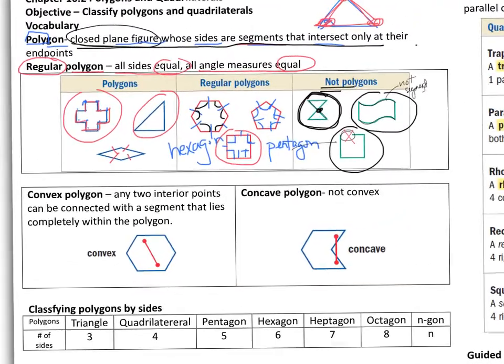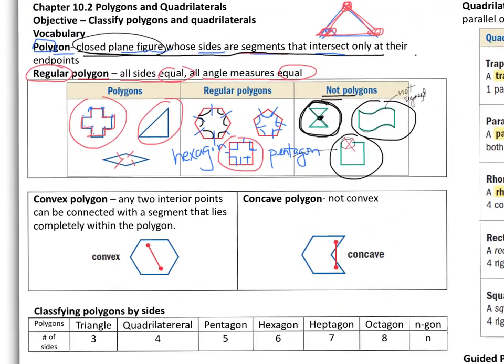Okay, let's continue to discuss more vocab terms. What's the difference between convex and concave?